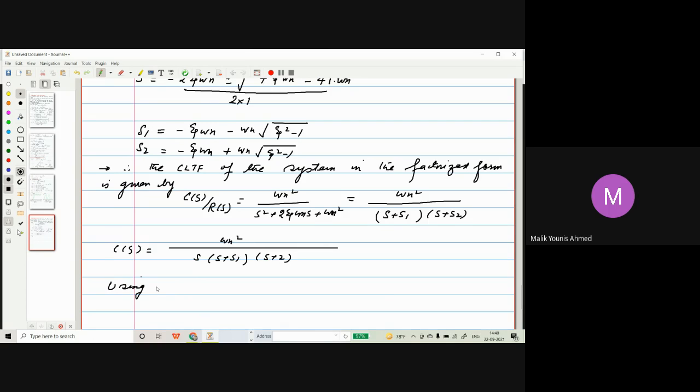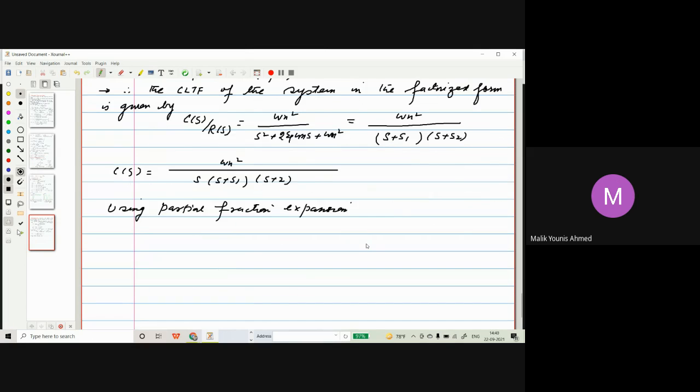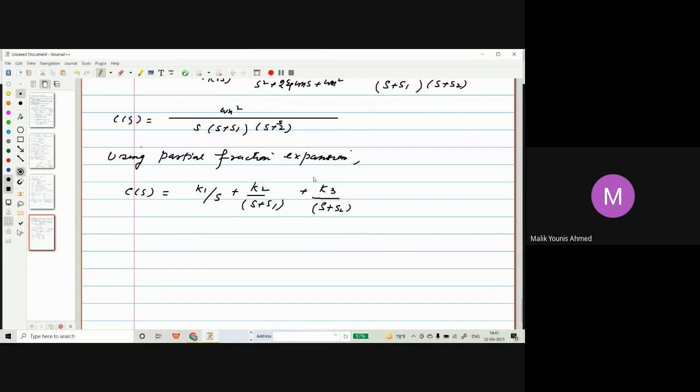Using this partial fraction expansion, we can write C of s as K1 by s plus K2 by s plus s1, plus K3 by s plus s2. Let us call it equation 1.